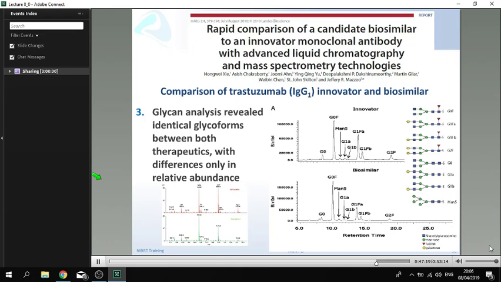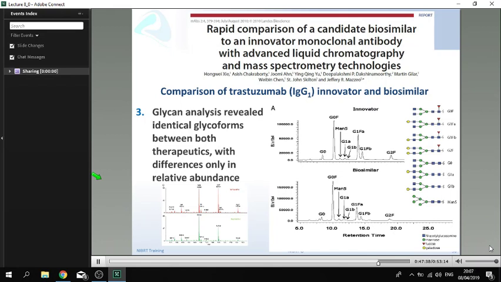Then they did a bit more analysis using mass spec and HPLC to look at the glycans, the different sugars attached to this drug, and they showed that there are actually identical glycoforms between both therapeutics, and the difference was only in relative abundance.